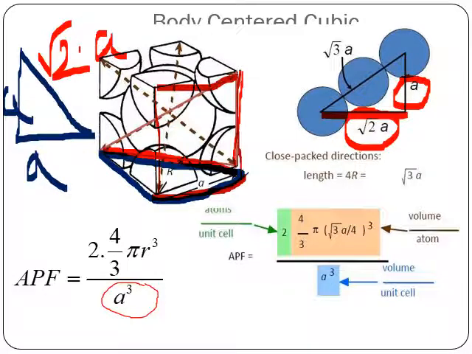So now this line, whatever they have shown here as 4R, is nothing but this line. That is the line which is passing through the close packed atoms. You can see from this corner to this corner it passes through the 3 atoms.